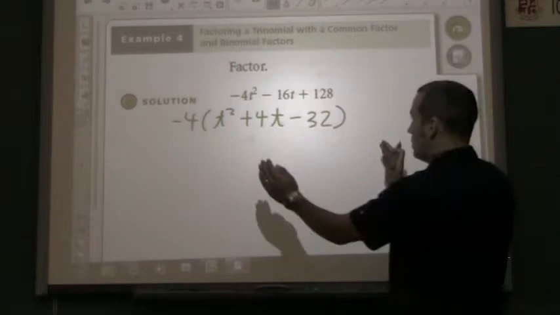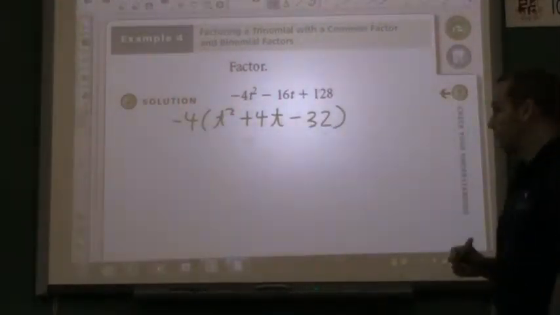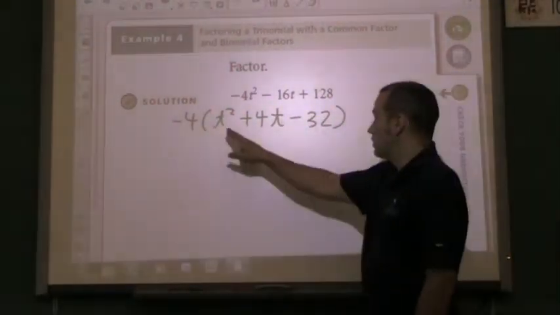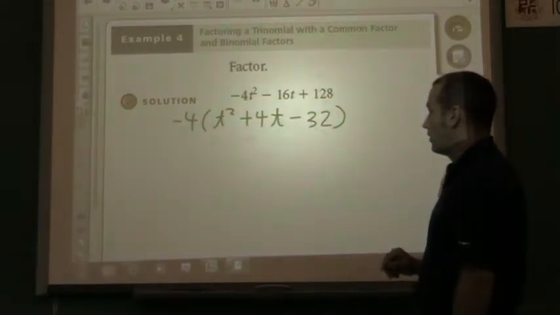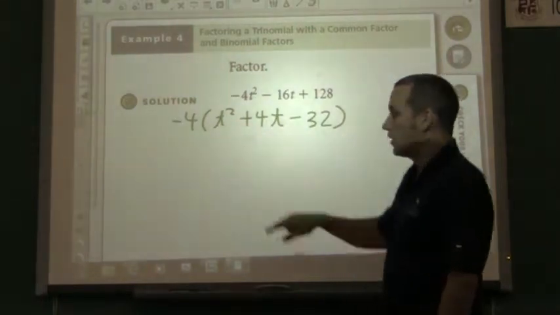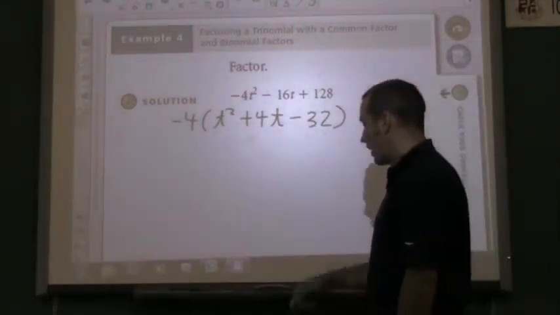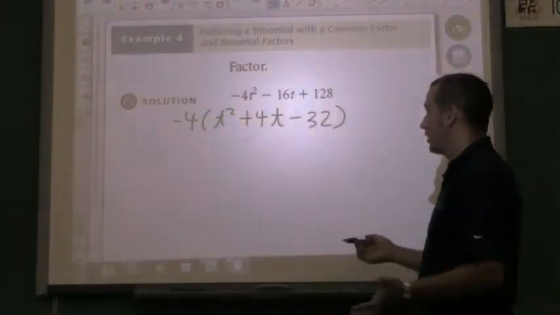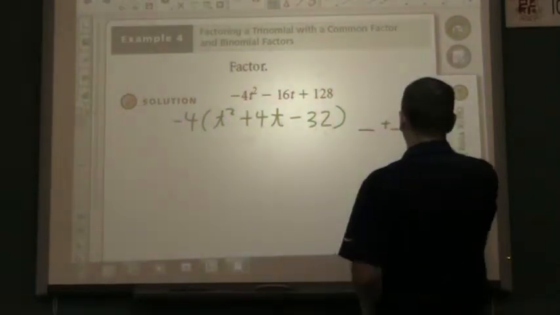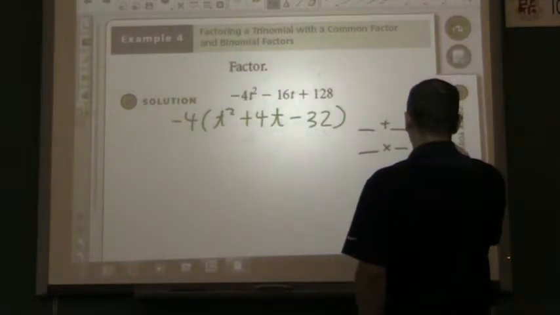Now, what's inside these brackets is something that you are used to seeing. Right? A trinomial written in descending order, and the coefficient in front of the squared term is a 1, like we're used to seeing. So now I'm back to the same skill again of saying what two numbers add to give me +4, and the same two numbers have to multiply to give me -32.